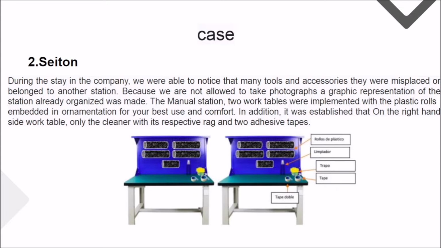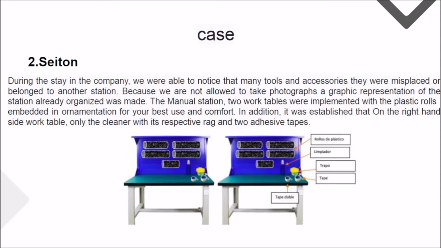Seiton case. During the stay in the company, we were able to notice that many tools and accessories were misplaced or moved to another station. We are not allowed to take photographs or graphic representations of the station already organized.